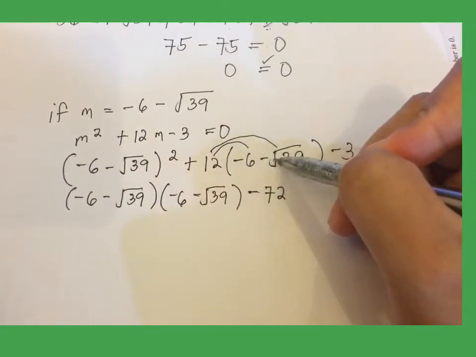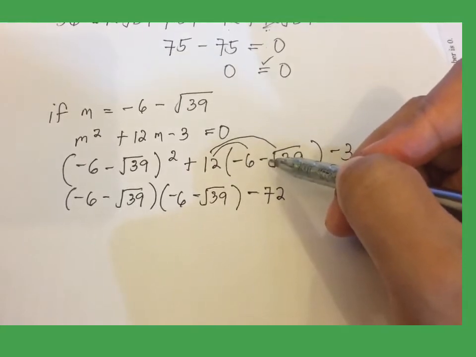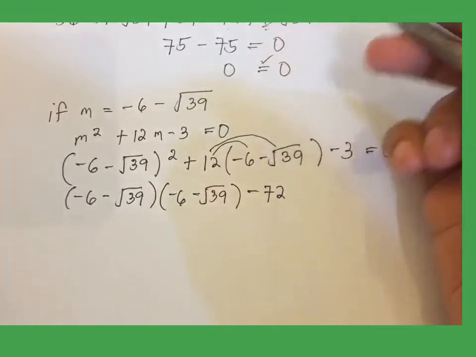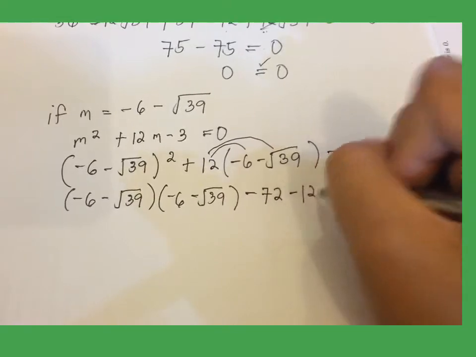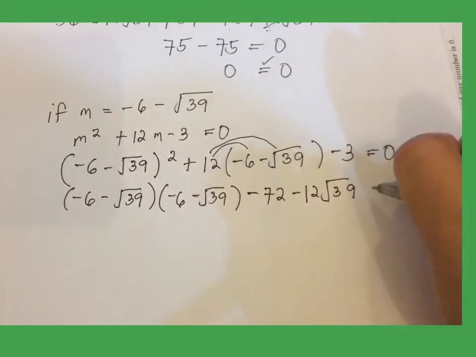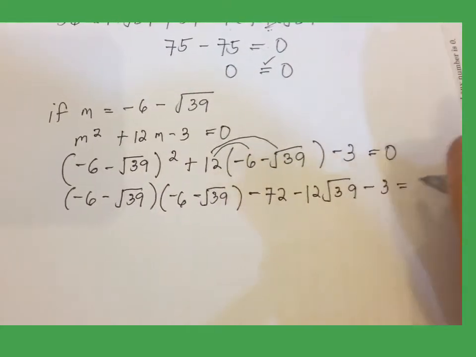Then 12 times negative 1, there is one coefficient here, is negative 12 square root of 39, minus 3 equals 0.